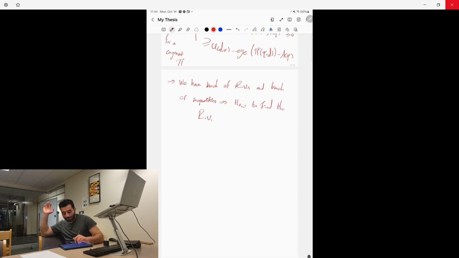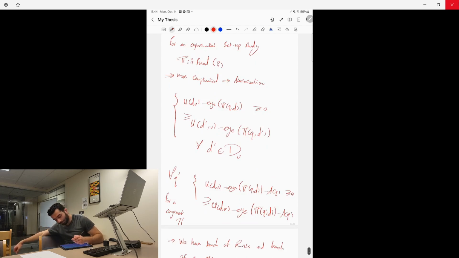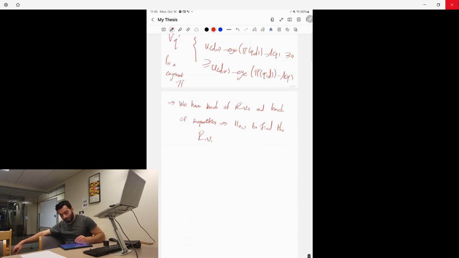Each click is one user i. So for example, user i says x_i greater than y_i. User j says x_j less than or equal to y_j. What can we say about x and y?